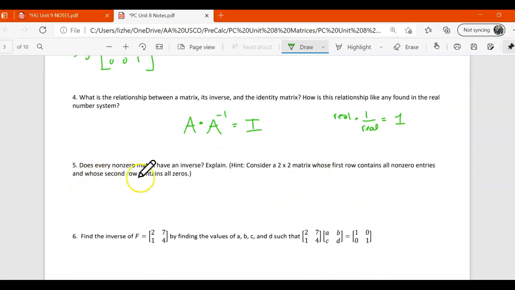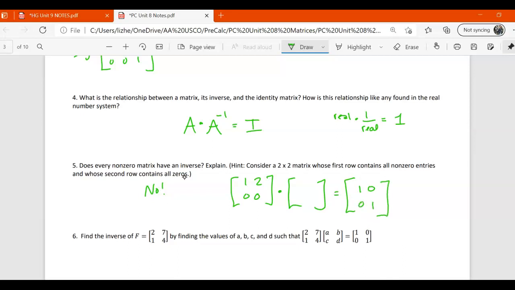5. Does every non-zero matrix have an inverse? No. Explain. All right, here, 1, 2, 0, 0. That matrix, there is nothing you can multiply it by in order to get 1, 0, 0, 1.